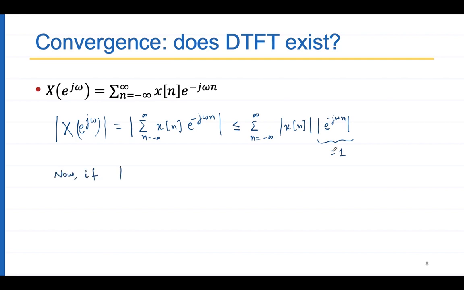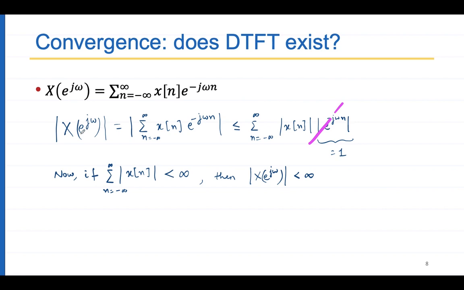So if x[n] is absolutely summable, which means the sum of the absolute value of x[n] over all n is finite, then since this part is 1 and this part is less than or equal to this, this must be finite.